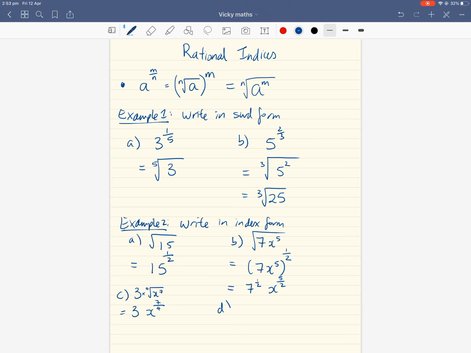And we'll do one more. D, 10 root 10. The first 10 in front is a coefficient, leave it alone. Our second 10 is a square root, so it's to the power of 1/2. Combining them, if I'm multiplying by the same base, which is 10, we can add the powers. So it's 10 to the power of 1 plus 1/2, which is 1.5, or 3/2.